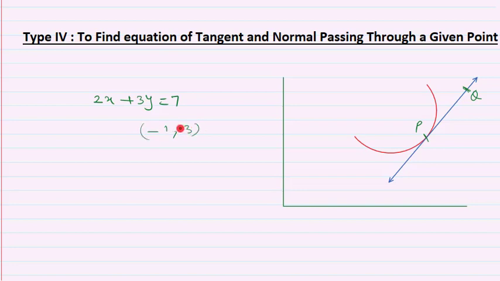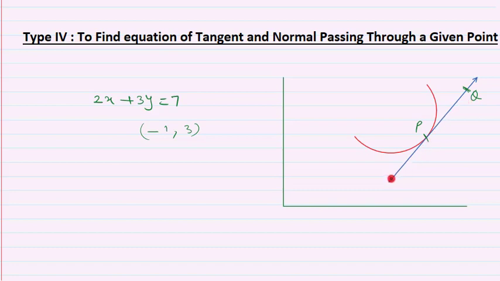What we'll do is put x as minus 1 and y as 3, because this is also a passing point of this equation. Similarly, the equation that we are getting from here is passing through the point Q. So in the equation, x and y will be replaced with the coordinates of Q, and that will help us to find x1 and y1. After this, we can easily find the equation of the tangent.